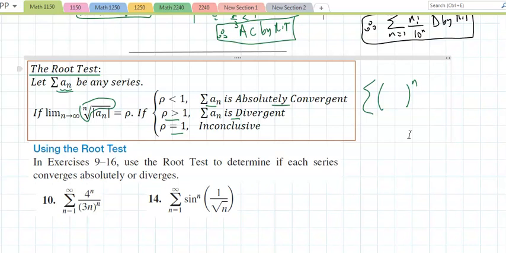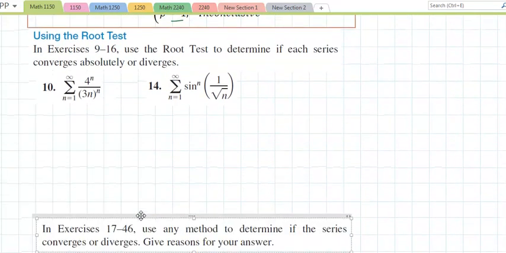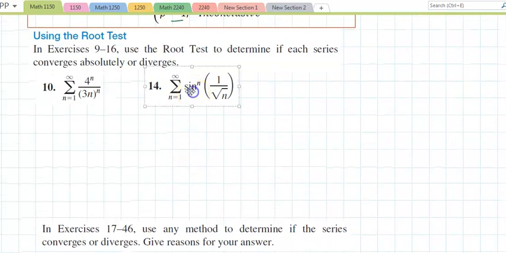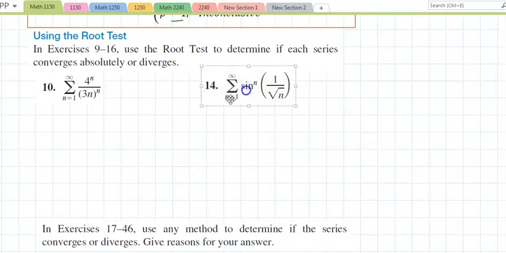9 through 16, let me pick number 10, and 14. So use the root test. We're going to use the root test. Again, on a test, I don't specify. You use whatever you want. If I take the limit as n approaches infinity of the nth root, I don't need the absolute value because those are always positive since n is 1 or bigger. So can't I write that as 4 over 3 to the n raised to the n?